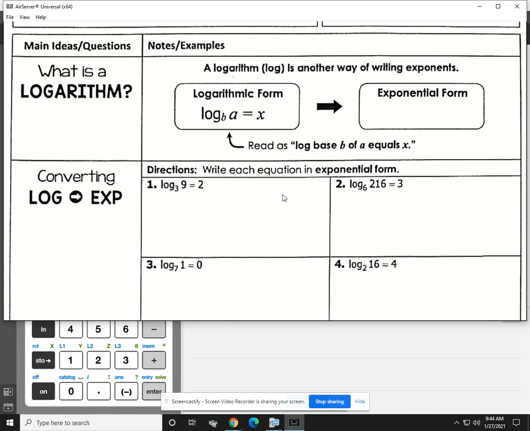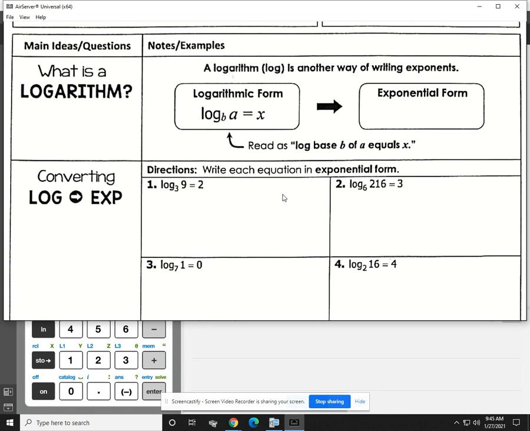Sometimes you can solve logarithmic equations by dropping off the logs, but then other times you can't. So what do you do in that case? Well, if you understand the connection, you can take that logarithm and rewrite it as a what? Exponent. And then you can solve. So we got to understand the connection between the two because we're going to use them moving forward, okay?